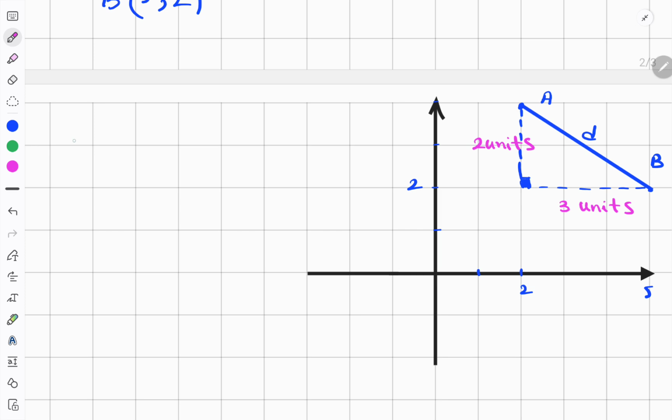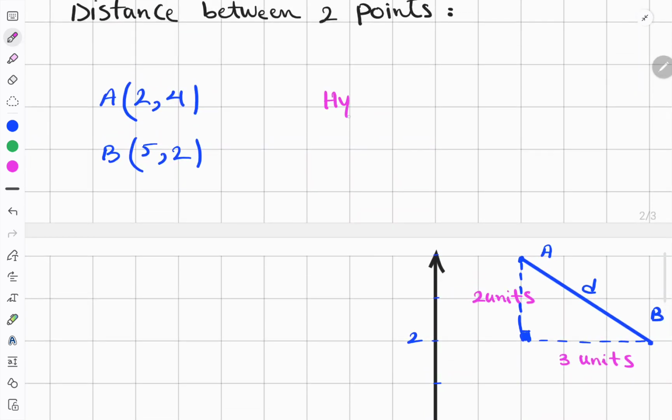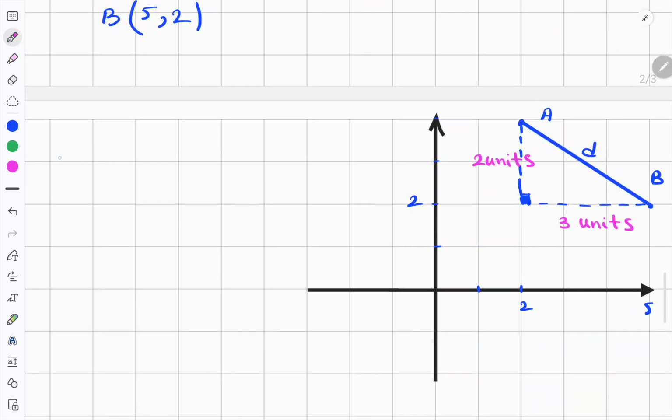So let me write this, the hypotenuse is AB here.